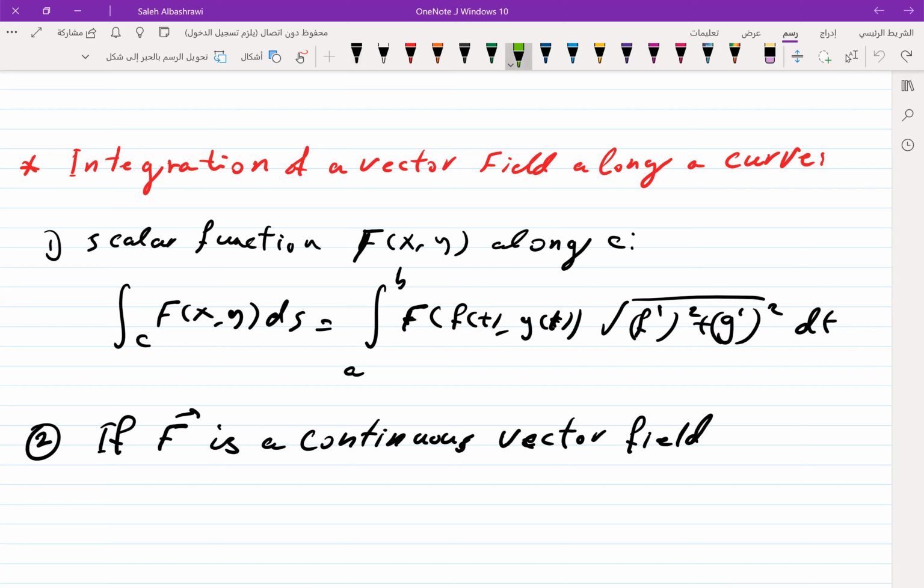So we're asking about a vector field, not a scalar function, and C is a smooth oriented curve.